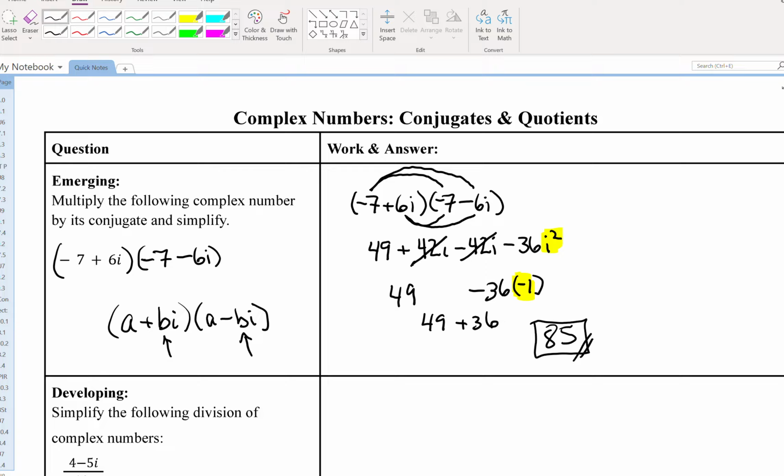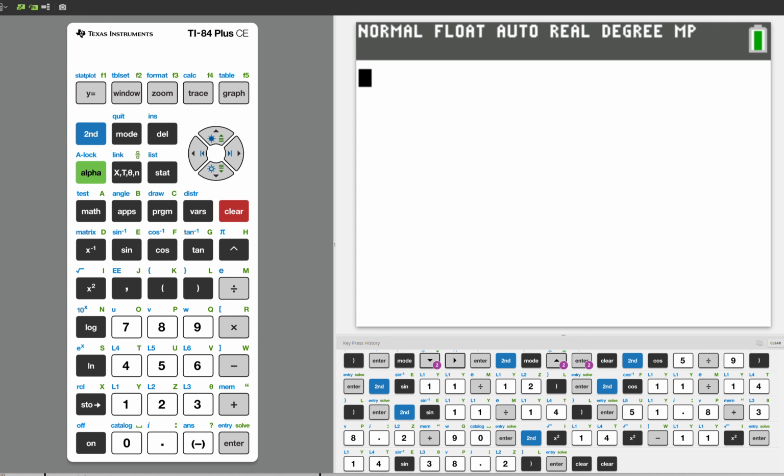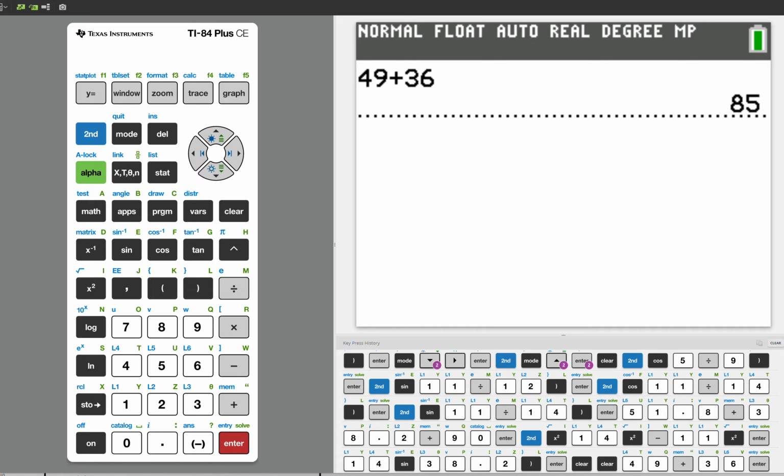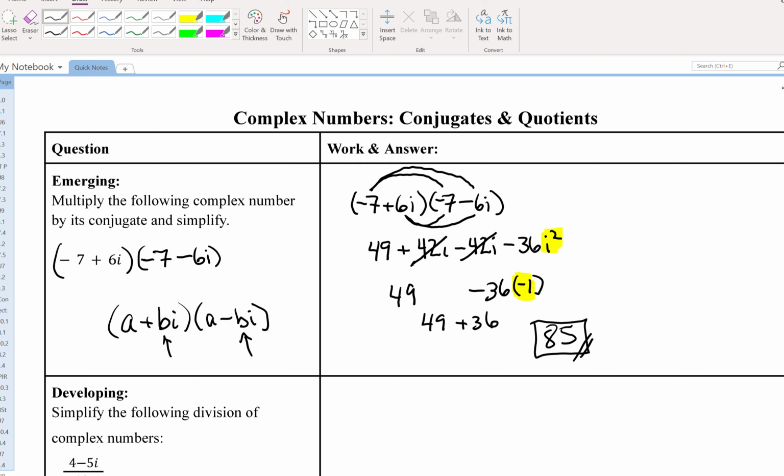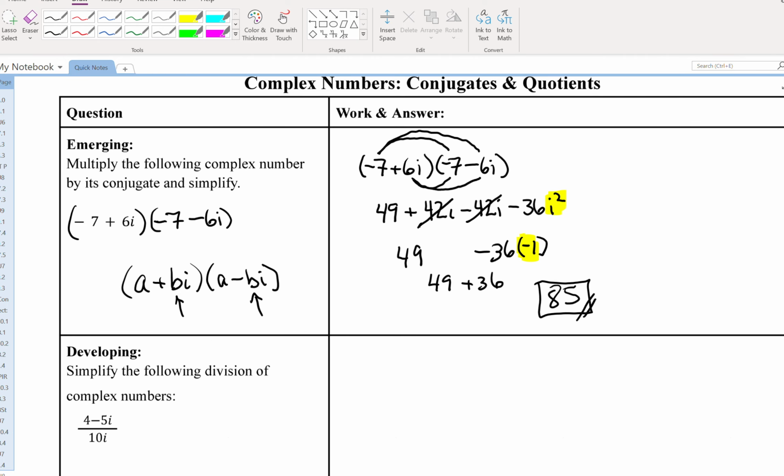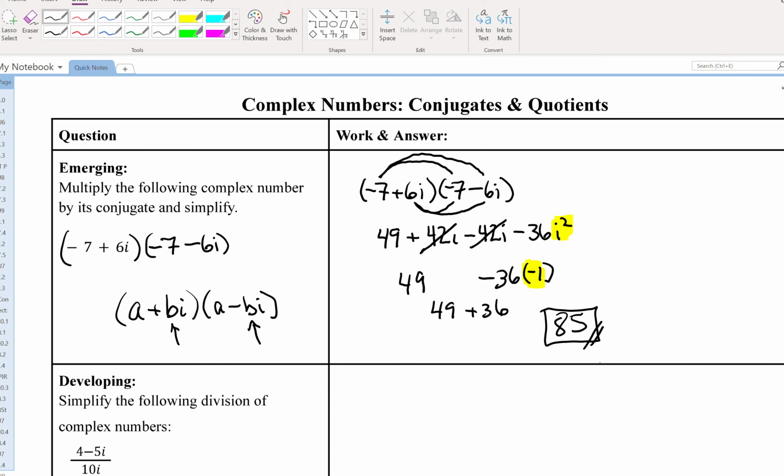Pretty sure. Let's see. 49 plus 36. Yeah, 85. All right.